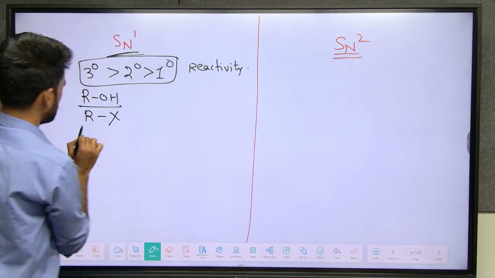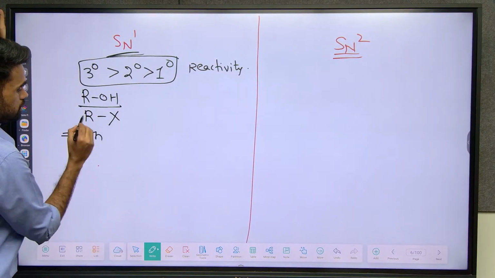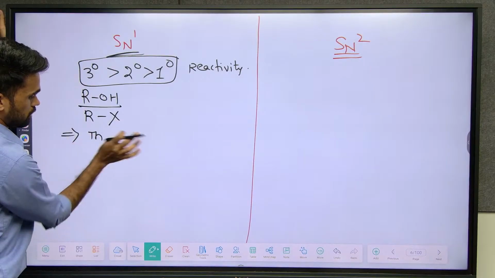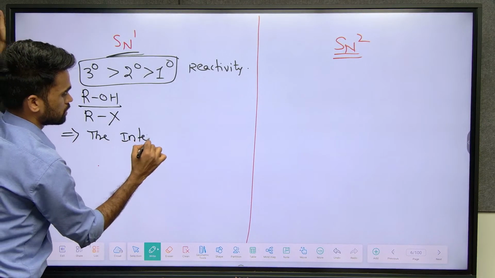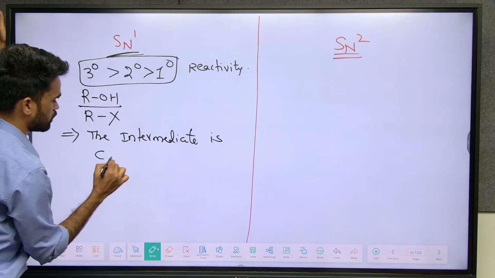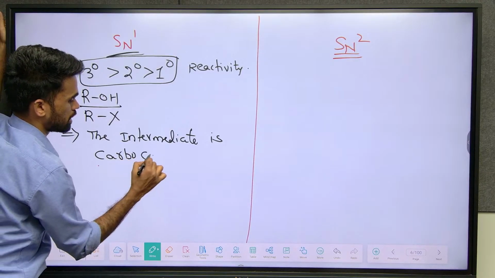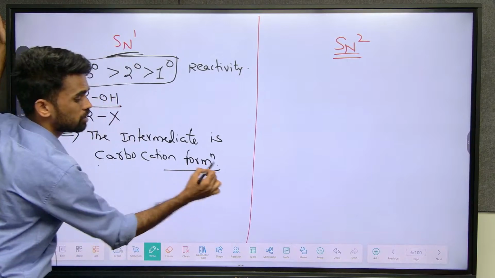Next one, here the intermediate is carbocation formation. So what is the intermediate formation here? Carbocation.